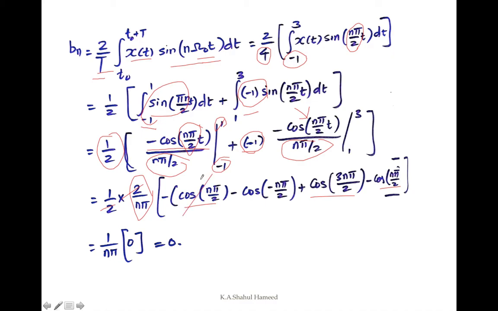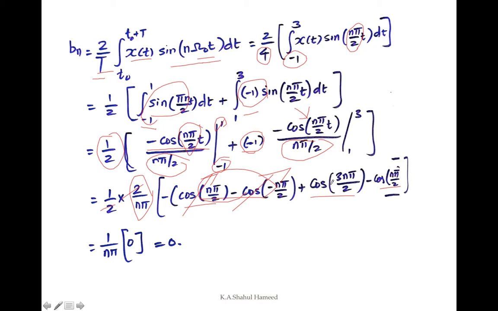So the plus and minus of these two will cancel, because cos n pi by 2 and cos minus n pi by 2 are the same. Cos n pi by 2 is equal to cos minus n pi by 2, so these two will cancel, and adding these two things you will get 0. Similarly, cos 3 n pi by 2 is equal to cos n pi by 2.